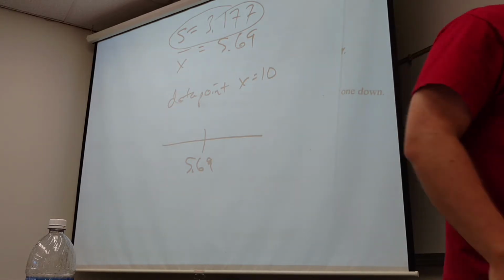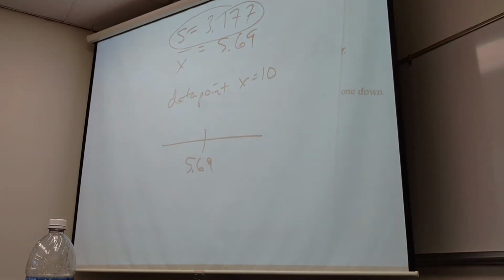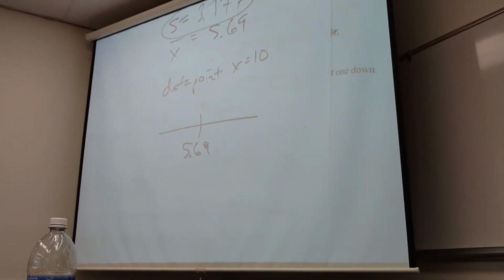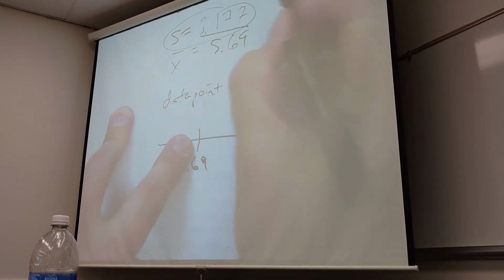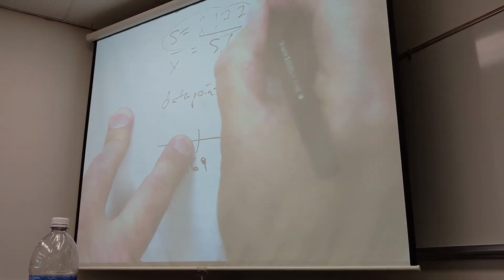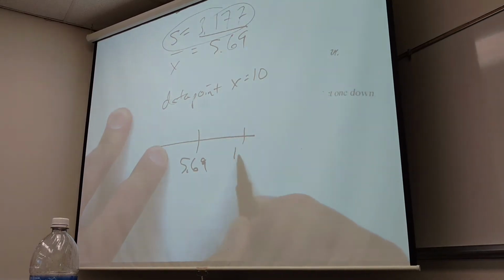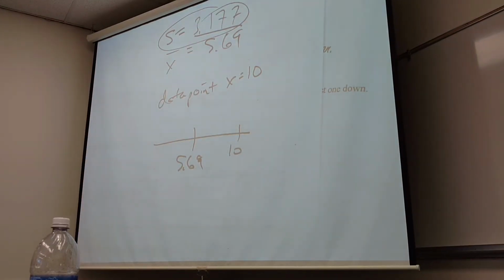And then what I want to do now is lay that ruler down and measure how far away a data point is. So if I have the 5.69 as my mean, and 3.177 is my tick marks on my ruler, they're all 3.177. Can you guys see that up to 10 would be more than one step, of course, right?